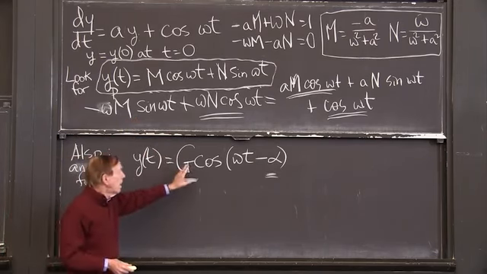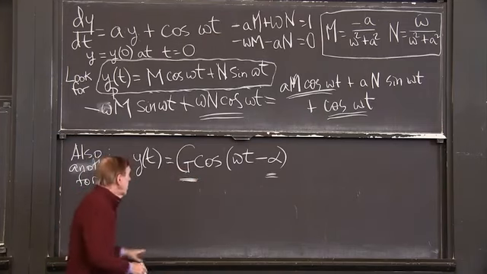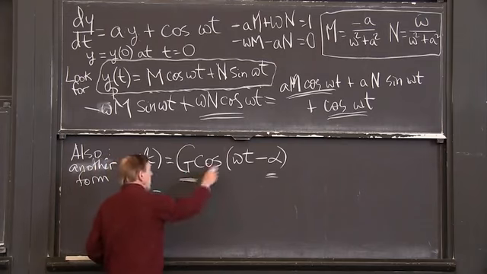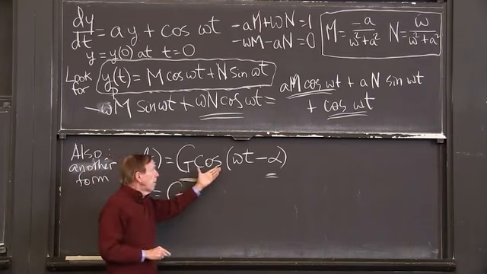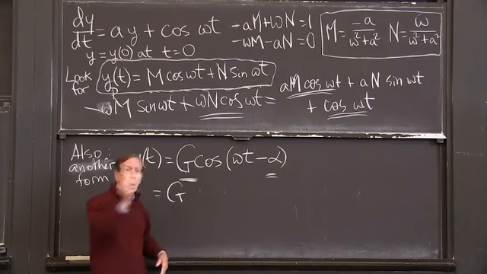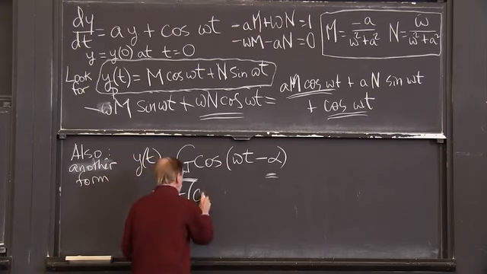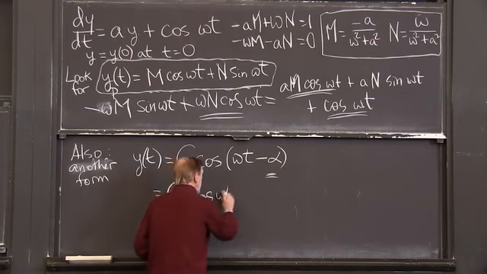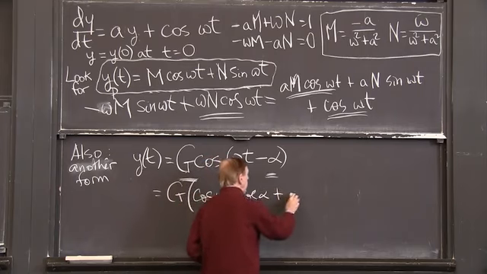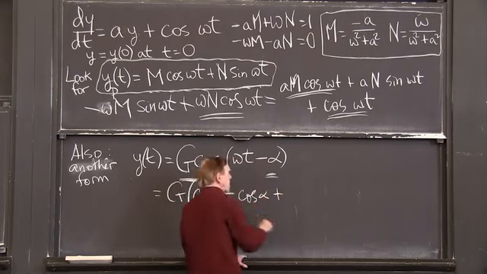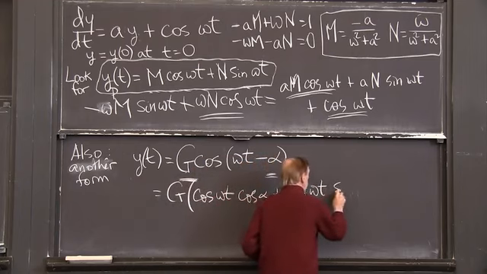So I'll use a little trigonometry here to remember that this is equal to, I have a g. Do you remember a formula for the cosine of a minus b? The cosine of a difference is cosine of omega t, cosine of alpha, plus, it's a plus here because it's a minus there, sine omega t, sine alpha.